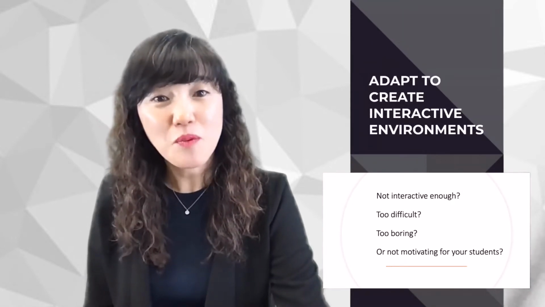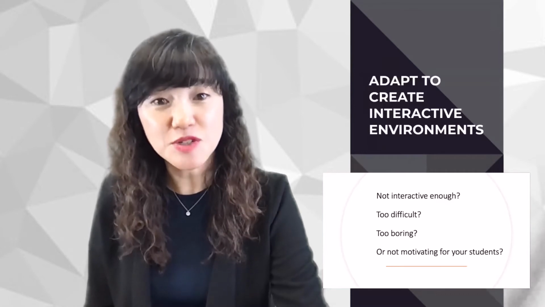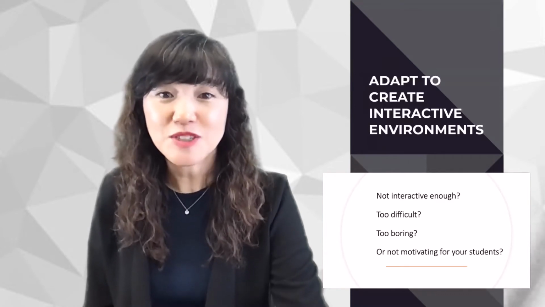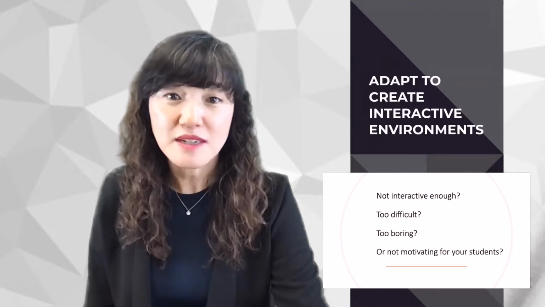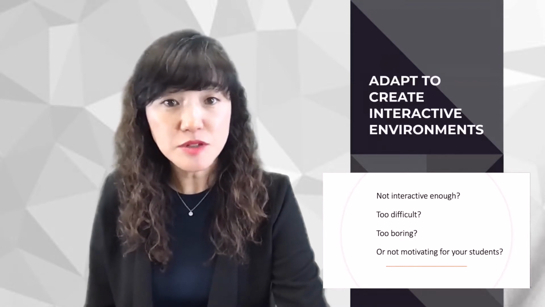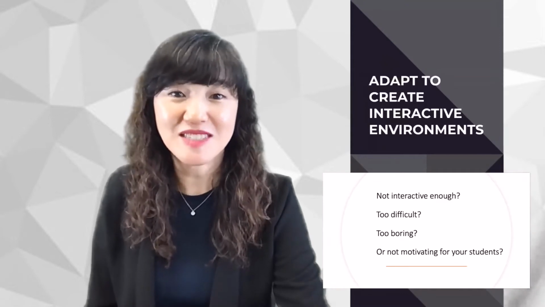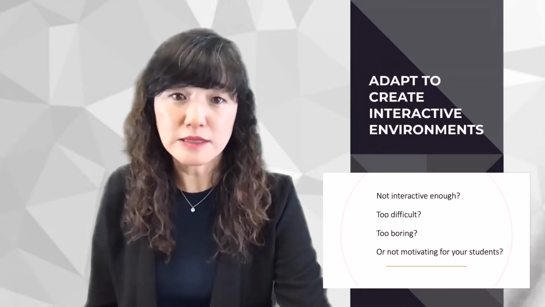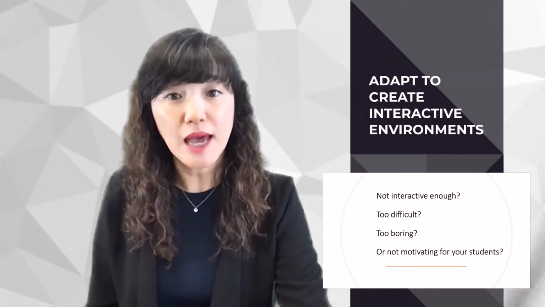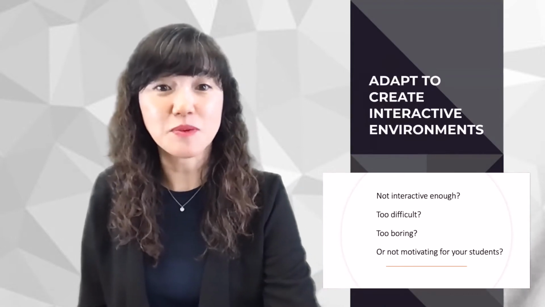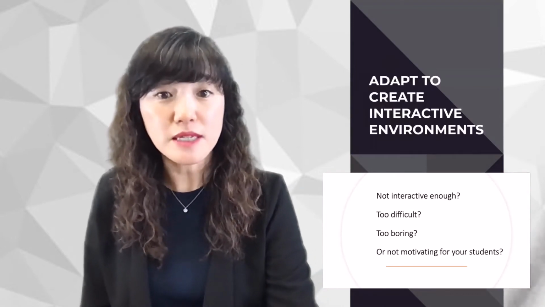Remember, we want to create an interactive classroom environment. Our students need motivation, support, and integration of skills to develop as active and confident communicators. In order to meet these needs, how can we adapt an activity we find in our textbook that doesn't have these qualities?